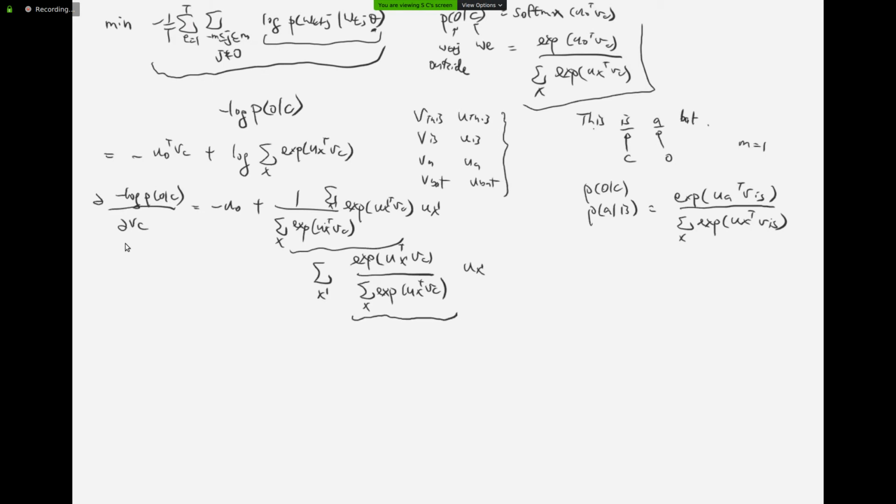If you look at this, it's just the same expression, right? So this guy here is really p of x_i given c. So this one is actually something like minus uo plus the expected value of p of x_i given c times u_xi.